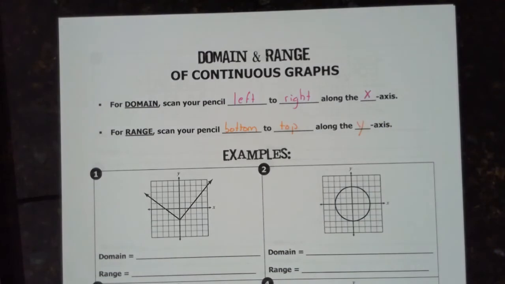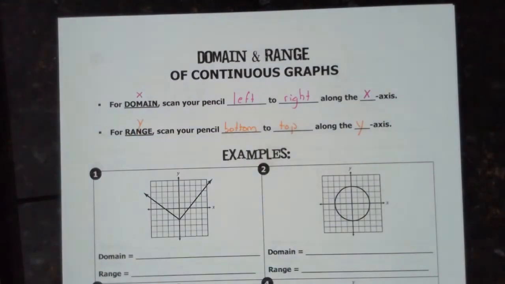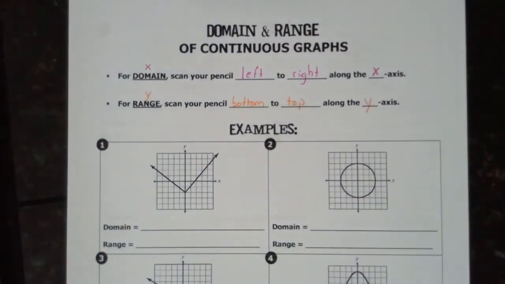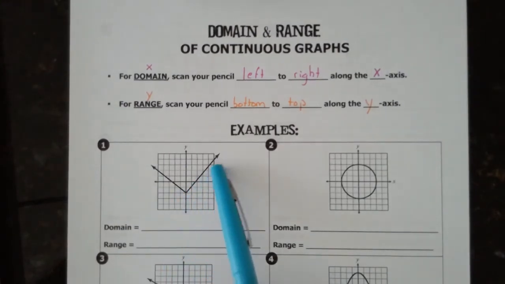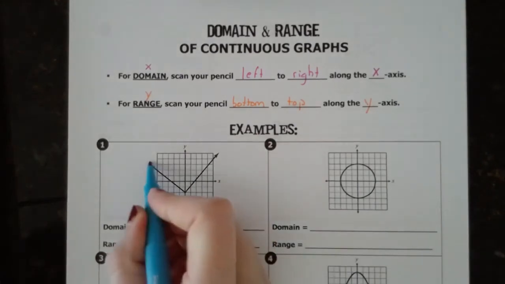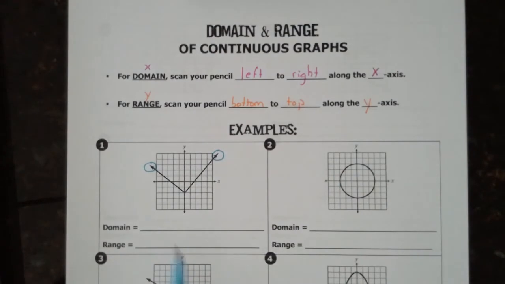Okay? Alrighty, so now for our very first example, let's take a look at it. So we have this lovely V shape, okay? But please pay attention to the arrows. So when we are looking at our domain, as we go from left to right, our arrow continues to go into this left direction, which are all of our negative numbers.